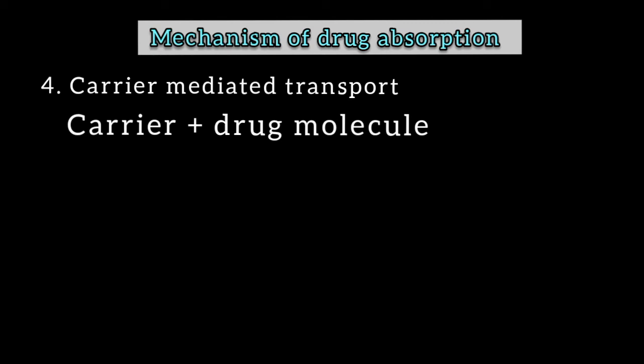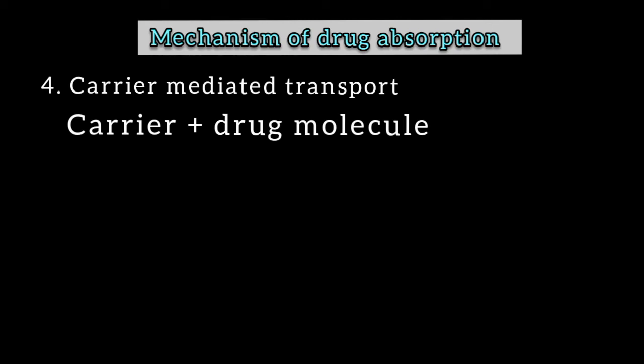However, this time when it gets to the other side, the carrier leaves the drug molecule in the blood, in the capillary, and it goes back to the other side of the cell, which is to the lumen, to get a new drug molecule so that it can also cross, and just like that the process will continue.